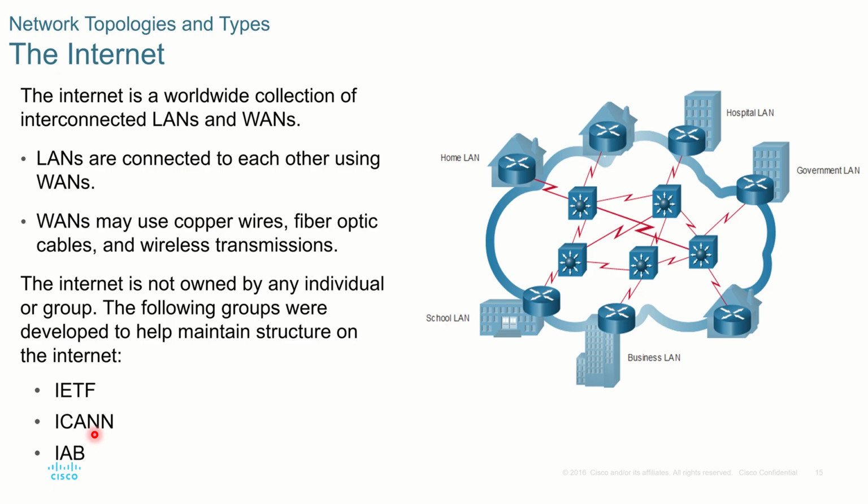We also have the IAB, which oversees internet architecture and provides technical guidance for internet standards. So if you want to remember this: IETF is to create standards and protocols, ICANN is to manage domain names and addresses, and IAB is to oversee the internet architecture.